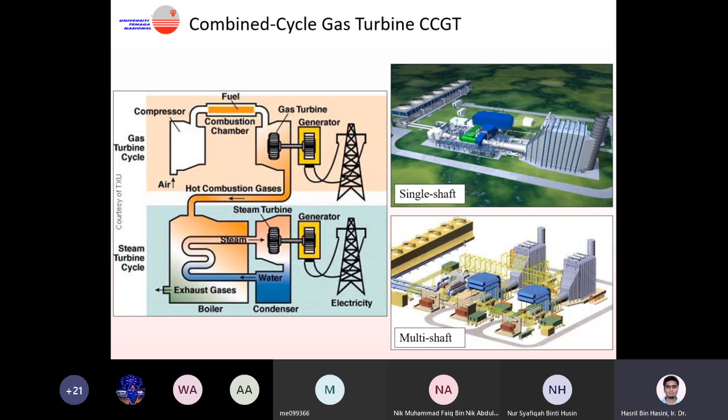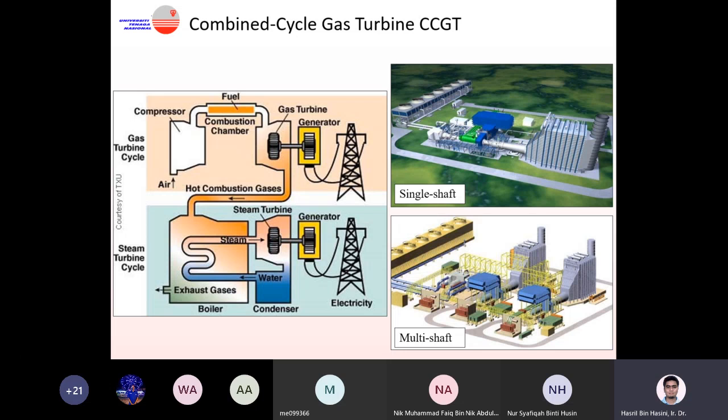Okay, this is an example of the combined cycle gas turbine. You have a gas turbine at the top figure here, and at the bottom you have a steam turbine. Same thing, you have a compressor compressing the air into the combustion chamber, the gas drives the gas turbine, which drives the generator. Then the hot exhaust gas we channel into a steam generator, the heat recovery steam generator, to heat up water and drive the steam turbine.